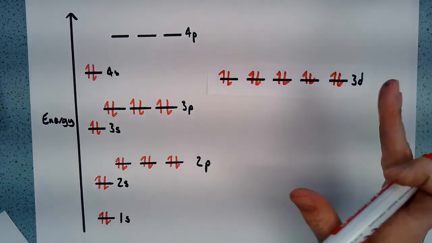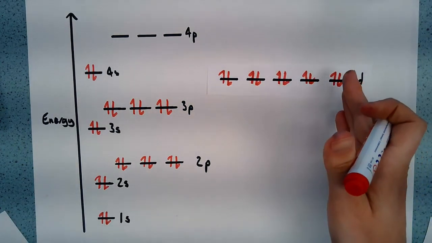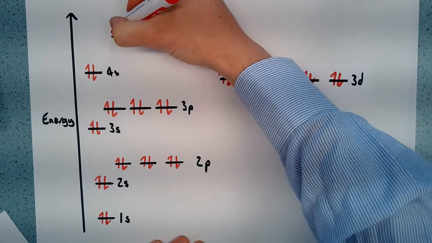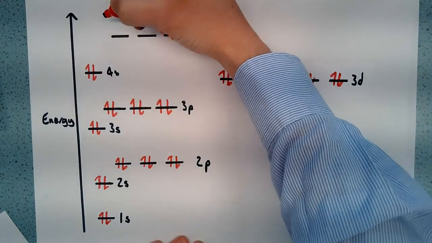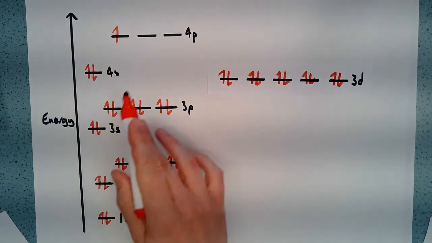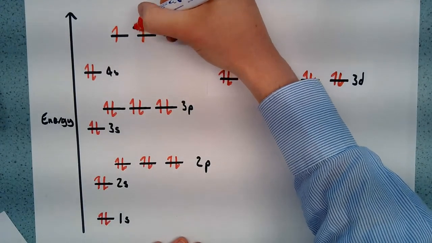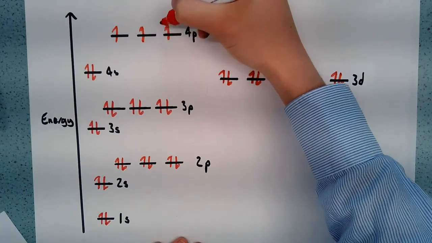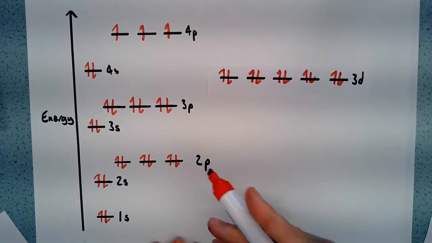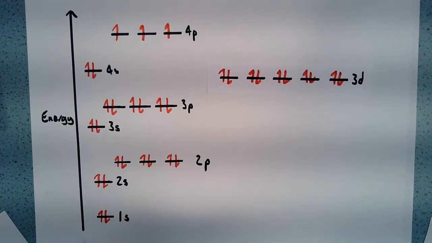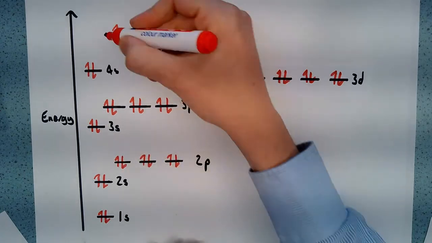When we get to the end of the d shell, we just carry on as normal. We go up to the 4p. So gallium would be like this, and then we would go to germanium, then we go to arsenic, and we would fill up the electrons exactly the same as we did for the other p shells.